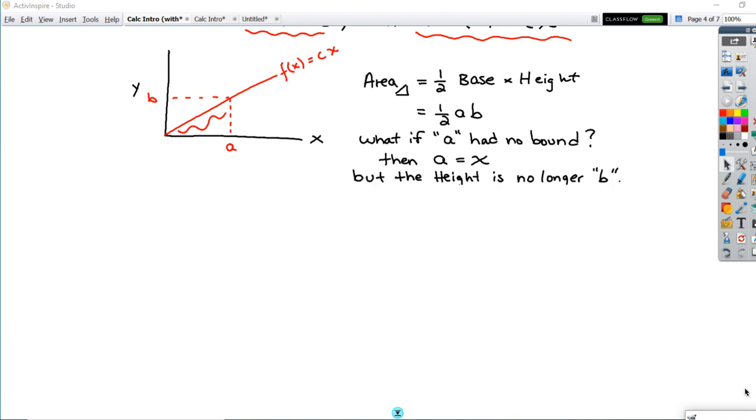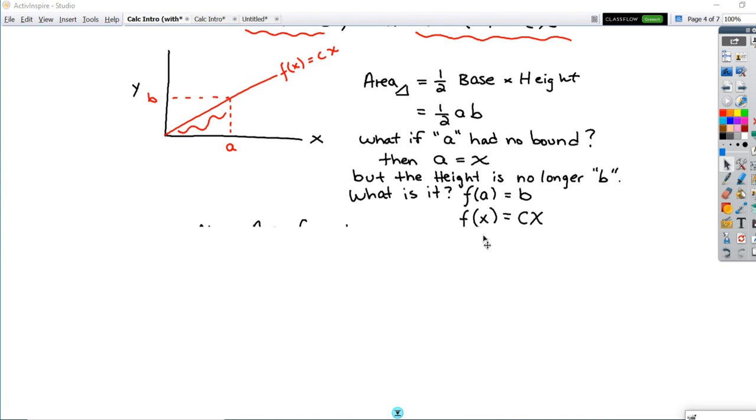But here, the height is no longer B, so that's a little bit different than our rectangle. The rectangle always had the same width, but we were changing the length. But now the height of this triangle would also change as we make the base larger. So we knew that B was the function evaluated at A.